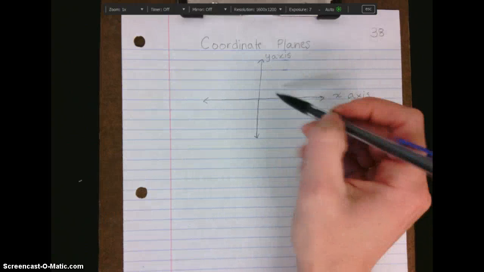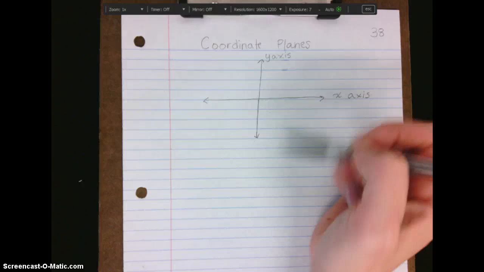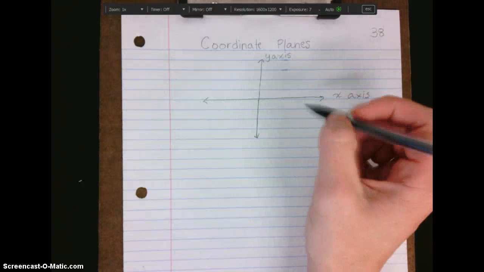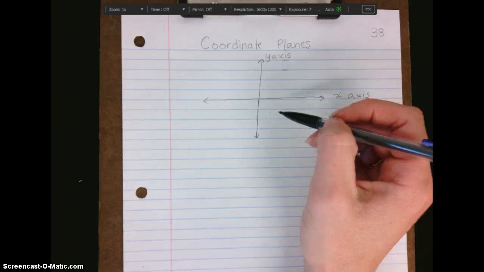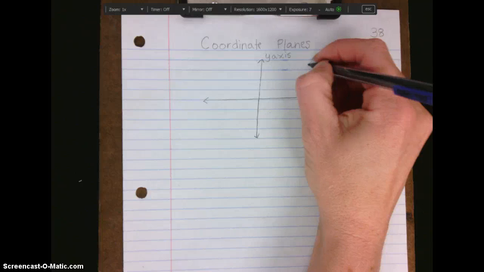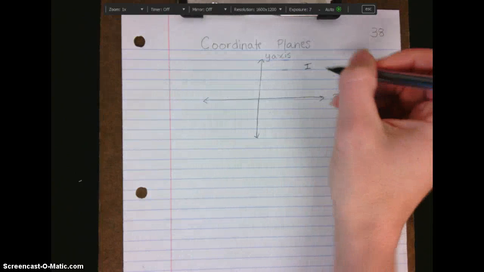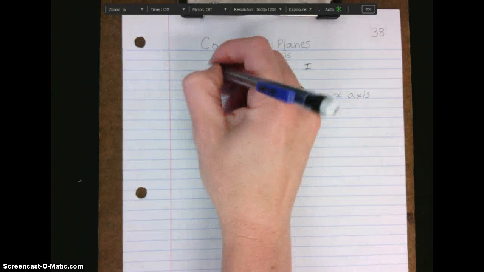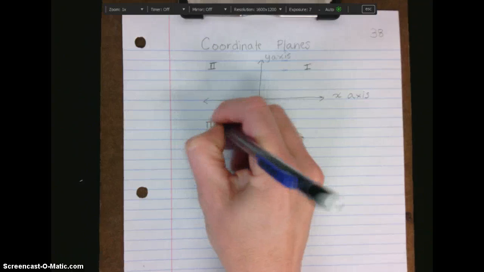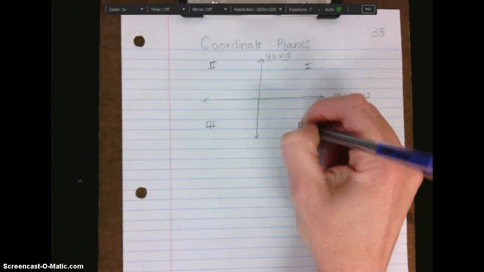As you can see, there are 4 quadrants, and we call it quadrants because there are 4. The prefix quad usually indicates 4. We label these quadrants with Roman numerals. And the first one is quadrant 1, and it goes in a counterclockwise method. This one is quadrant 2, quadrant 3, and then quadrant 4.